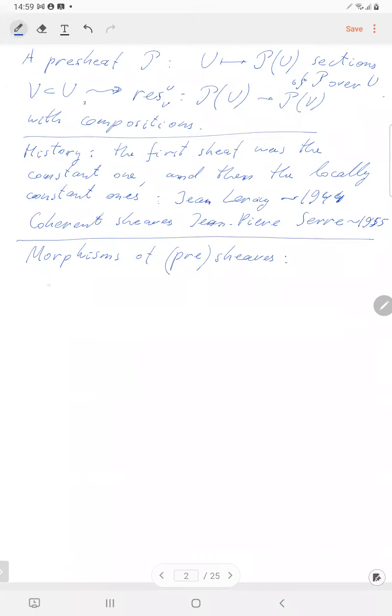So if you have P1 and P2, then this means that for any open set U, you want a morphism of sections from P1 to P2 of U, commuting with restrictions. Okay, so here the definition is the same for sheaves or pre-sheaves. You don't use this gluing property in any way. So we have an evident embedding.